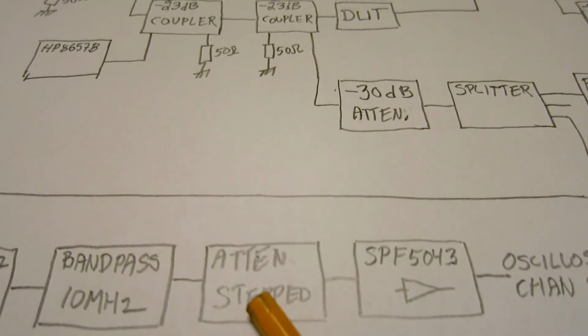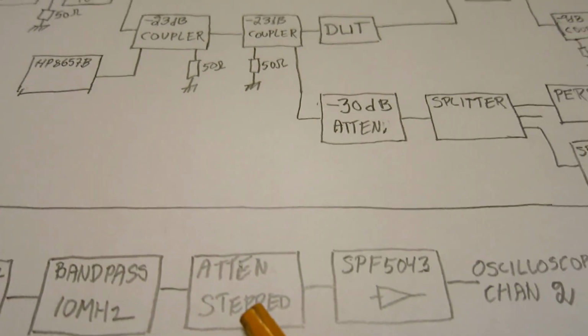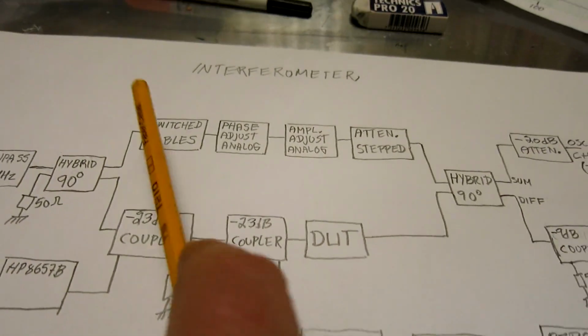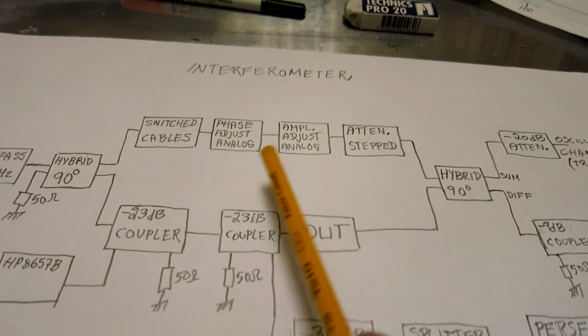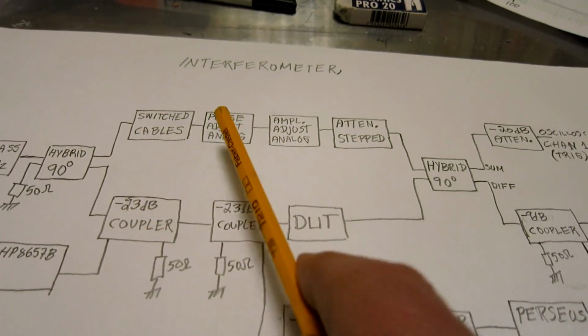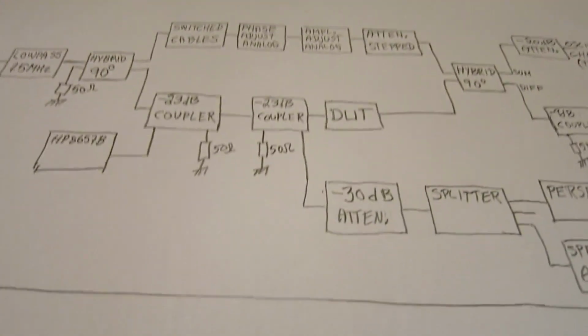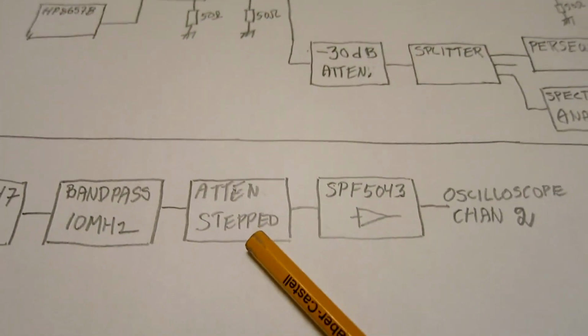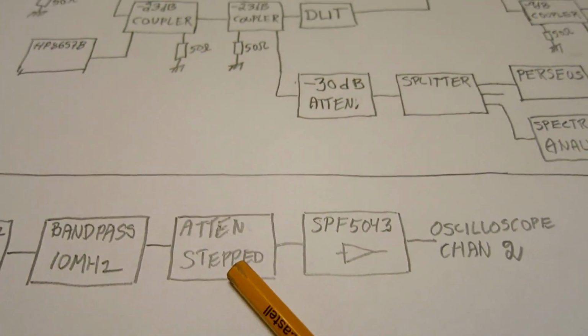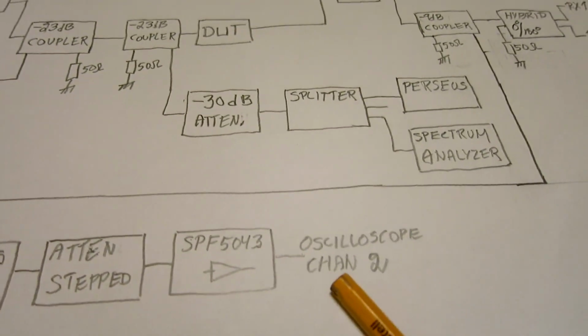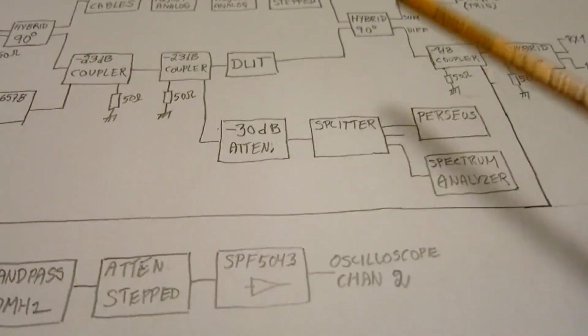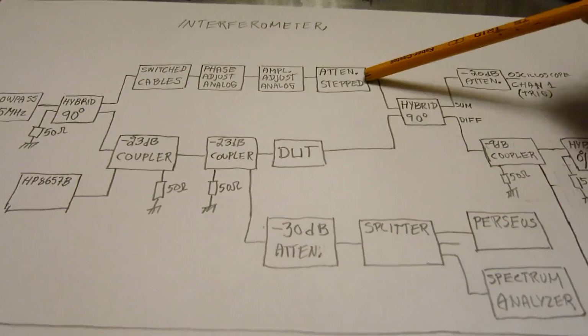So I turn down this to do a coarse adjustment, meaning select the correct cables and do a coarse adjustment of these things. And then I can return to 0 for this attenuator and look at the oscilloscope channel 2 while fine tuning the balancing up here.